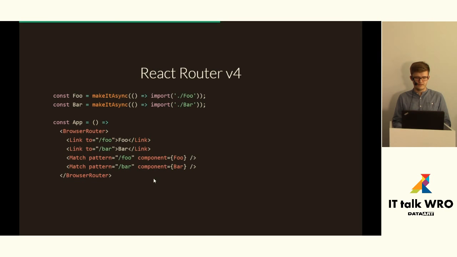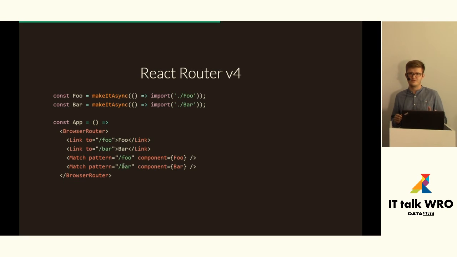It means that the loader specified on line number 1 will be invoked only when users go to page/foo. And this code will be downloaded only when users go to page/bar. It's really easy to do. You just create one component and wrap it to make it async, and you're done.